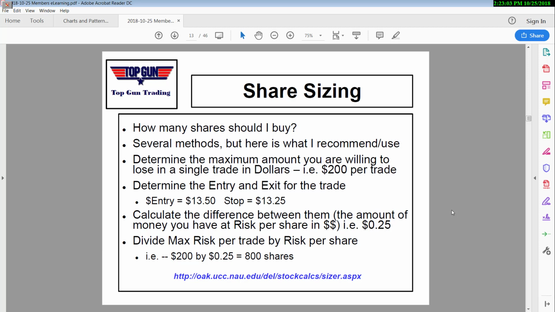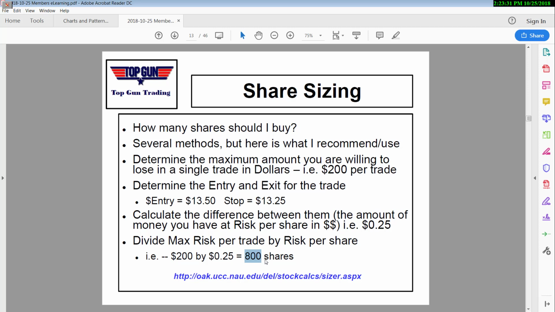It's a 25-cent stop. I'm going to calculate the difference between those two as being 25 cents. I'm going to divide the maximum risk per trade that I'm going to allow myself to have, say in this case 200, by the risk per share calculation that we had before, and it would tell me how many shares I'm allowed to buy up to that amount.